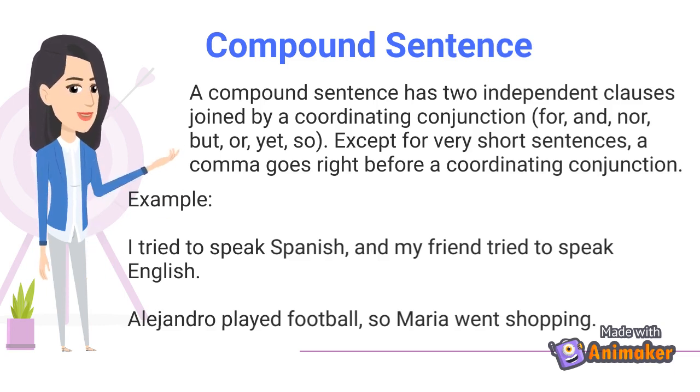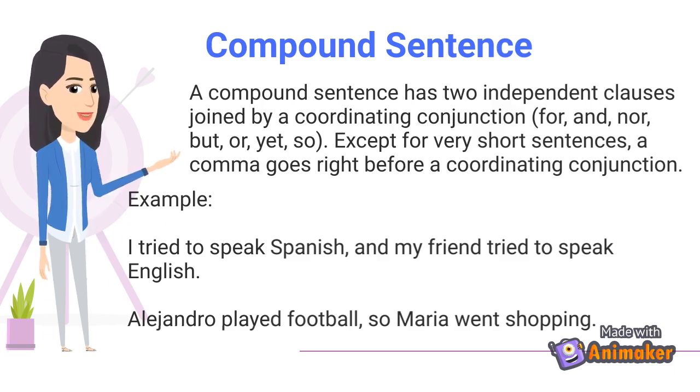For examples, we have: I tried to speak Spanish and my friend tried to speak English. We have the first independent clause, I tried to speak Spanish, and we have the coordinating conjunction "and", then the second independent clause, my friend tried to speak English.